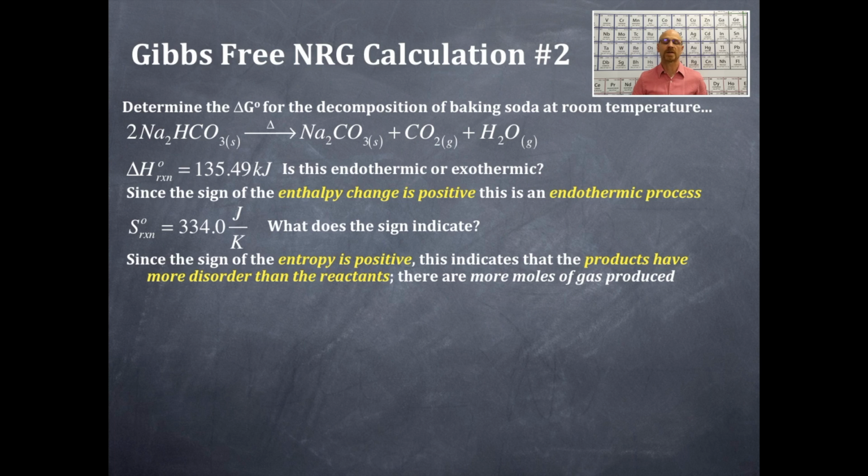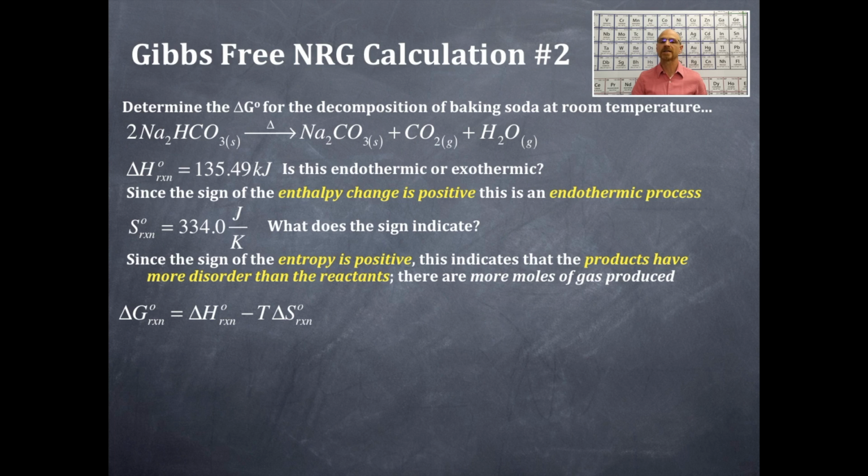I aforementioned that as I went over the balanced chemical equation. There is 1 mole of carbon dioxide, 1 mole of water vapor, and there are no moles of gas on the reactant side.